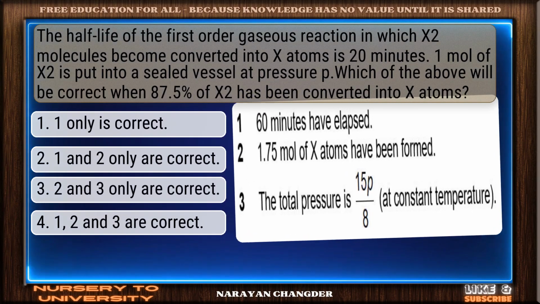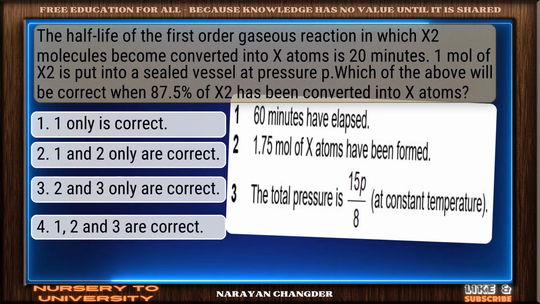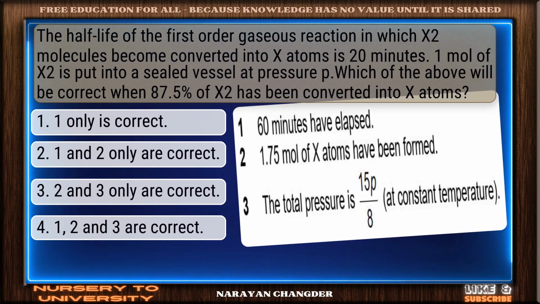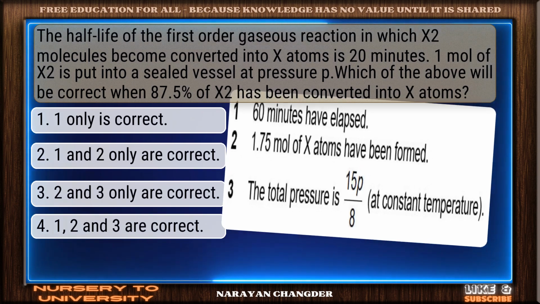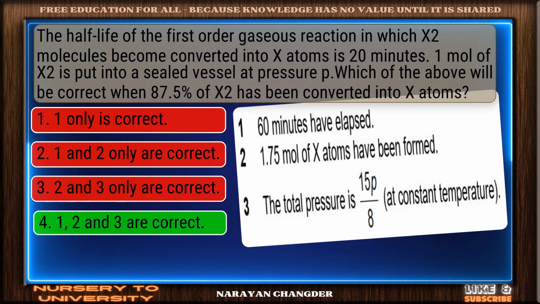Option 1, 1 only is correct. Option 2, 1 and 2 only are correct. Option 3, 2 and 3 only are correct. Option 4, 1, 2 and 3 are correct. 1, 2 and 3 are correct.